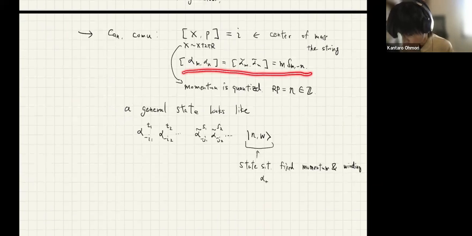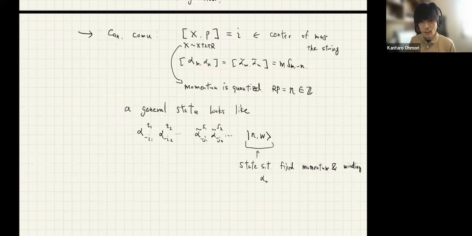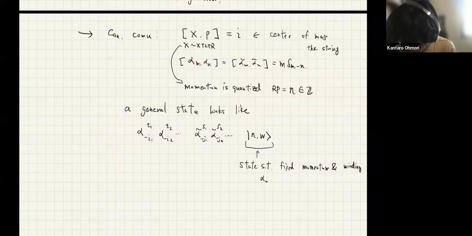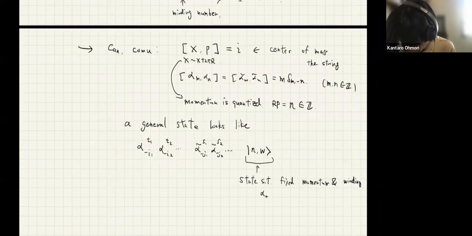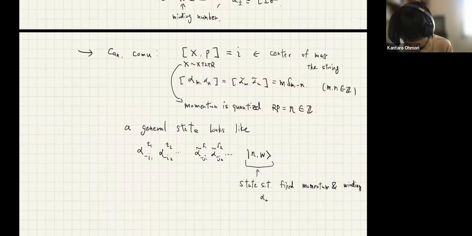So this is the algebra of annihilation and creation operators. I call them alpha and alpha tilde, with positive m being the annihilation operators and negative m the creation operators. Sorry for the n being duplicated.